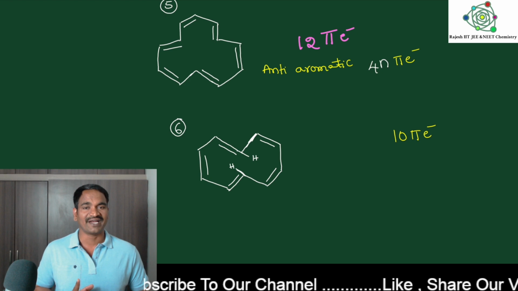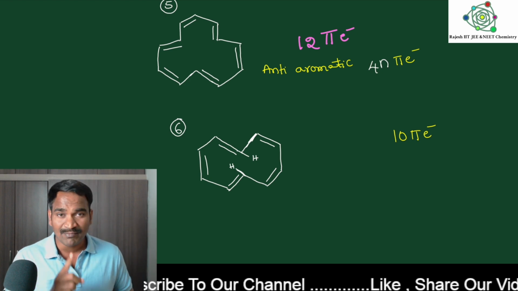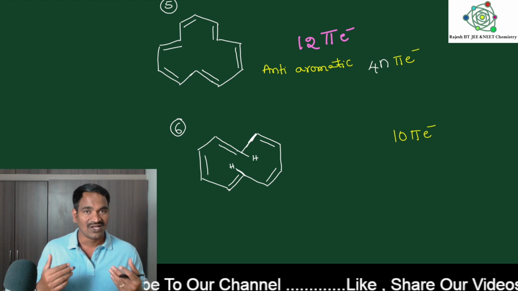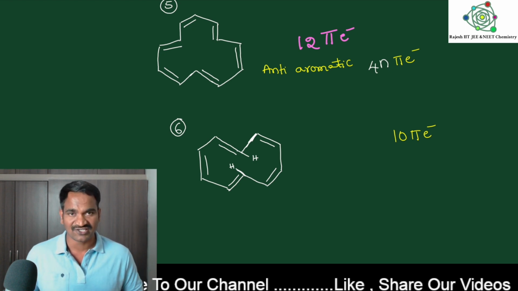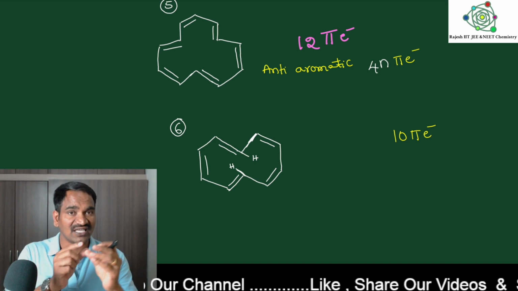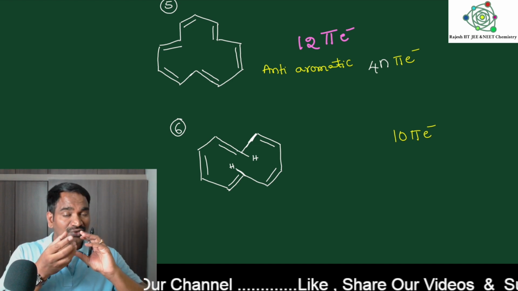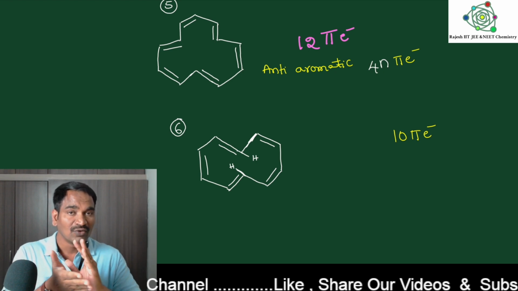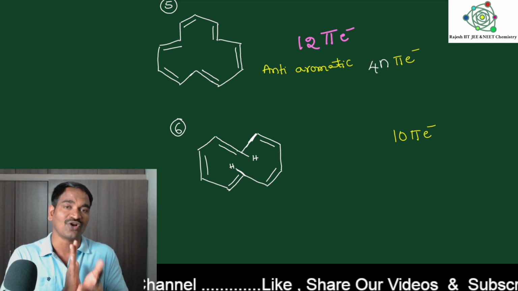But coming to the point here, does it have a planar structure or not? No, it does not have a planar structure. How can I say that? Because the hydrogens pointing inward repel each other, and due to that repulsion the shape of the ring changes from planar to non-planar.